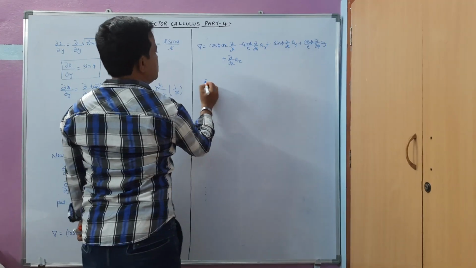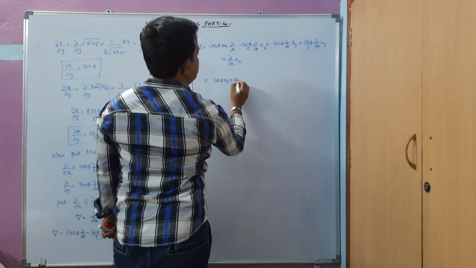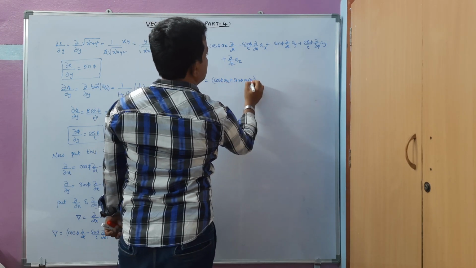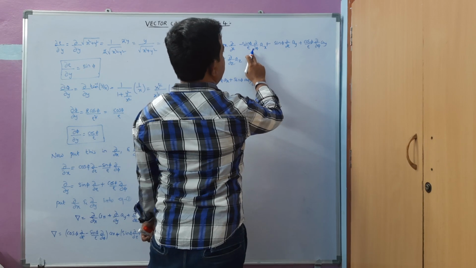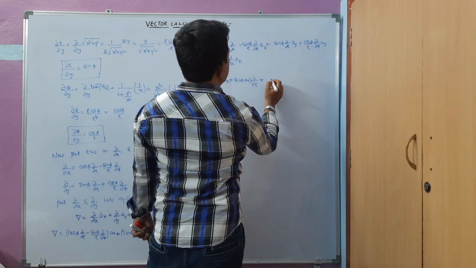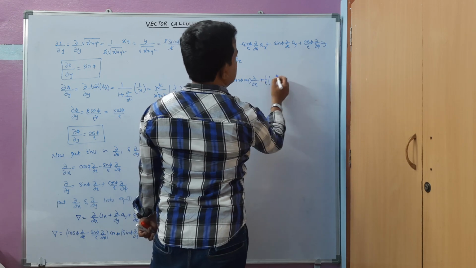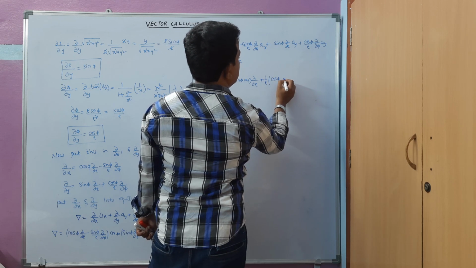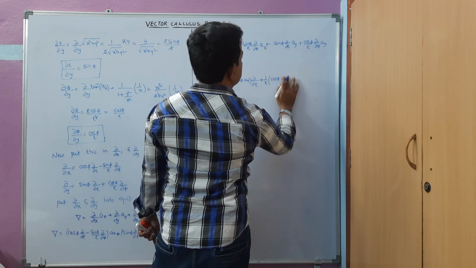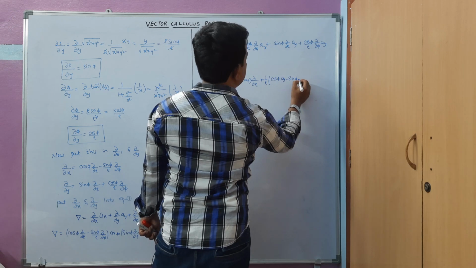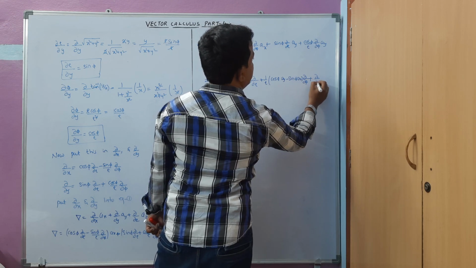This one is (cos φ ax plus sin φ ay) into ∂/∂ρ. Next the ∂/∂φ terms: 1 by ρ is common, into (cos φ ay minus sin φ ax) into ∂/∂φ, plus ∂/∂z of az.